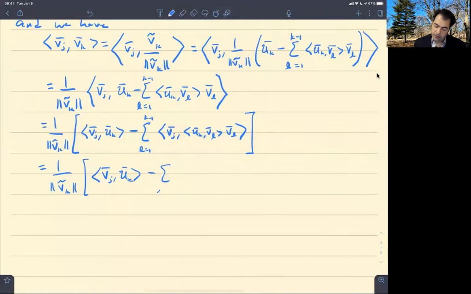And minus the sum l goes from 1 to k minus 1 of this inner product. I just get to pull that with a complex conjugate, and then this inner product Vj with Vl.